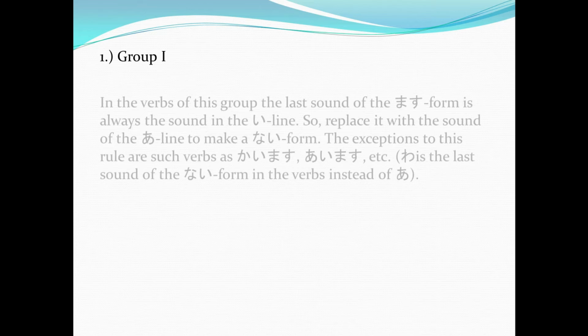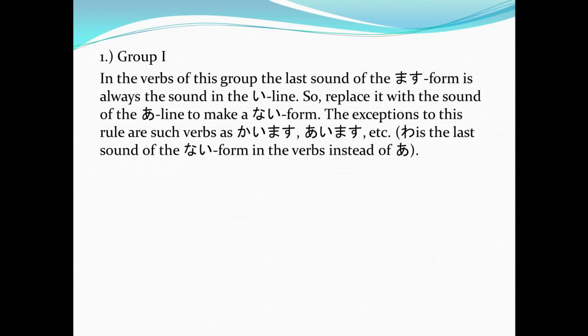Now let's discuss group 1. In the verbs of this group, the last sound of the masu form is always a sound of the E line, as I've said before. So replace it with the sound of the A line to make the ない form. What are the letters under the A line?